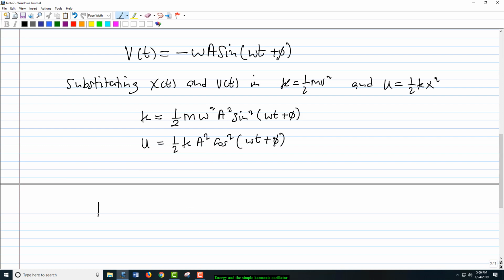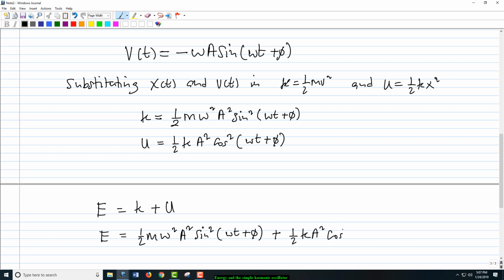So now the total energy E, which we said was equal to kinetic plus potential energy, can now be written as E equals half m omega squared A squared sine squared omega t plus phi plus half k A squared cosine squared omega t plus phi.